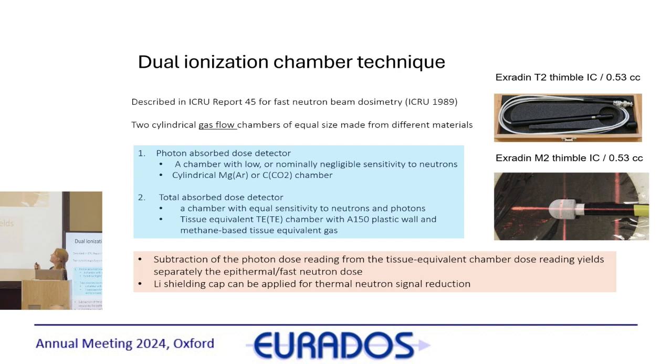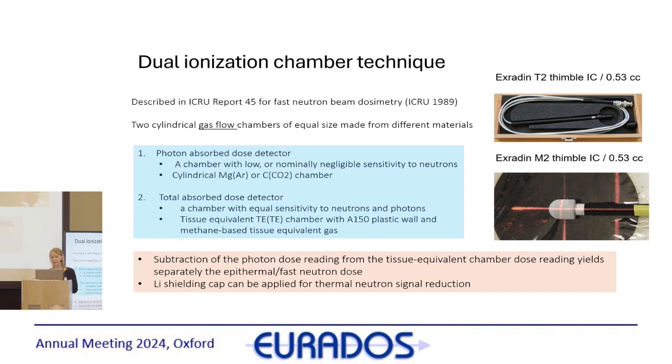And then this T2 chamber is made from A150 plastic, and so it is tissue equivalent, and we flow it with methane-based tissue equivalent gas, which has very similar elemental composition as A150 plastic. So it can measure all three BNCT dose components together. So it's total dose, you can't separate them from that one chamber.